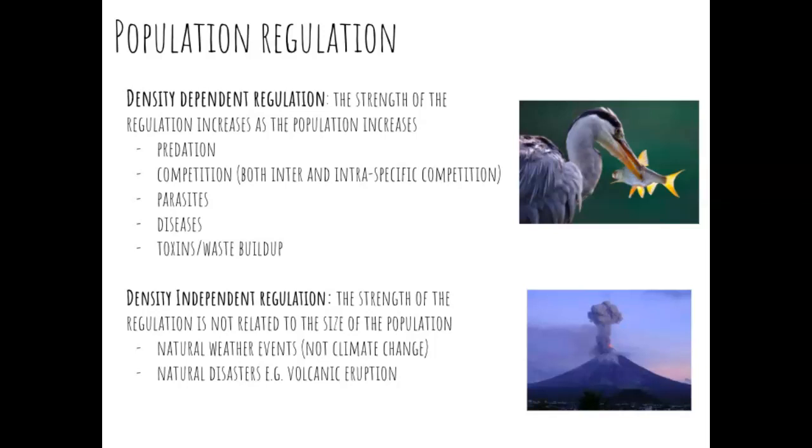It's going to kill more people if more people, or birds or trees or whatever it is, live near that volcano. And so that would be density independent. The volcano is not caused by population size. It simply affects anything that is near it.